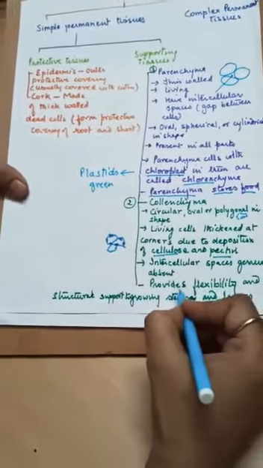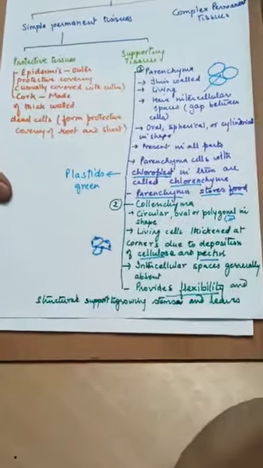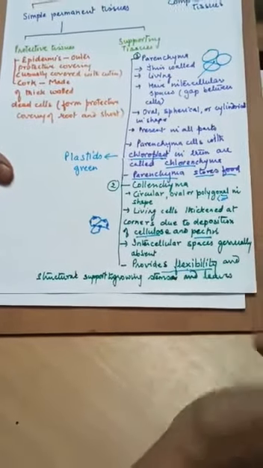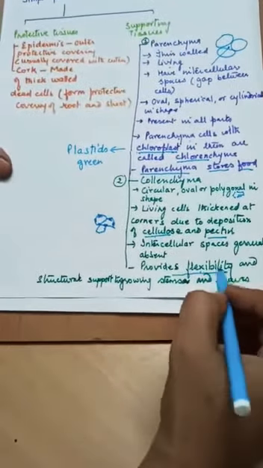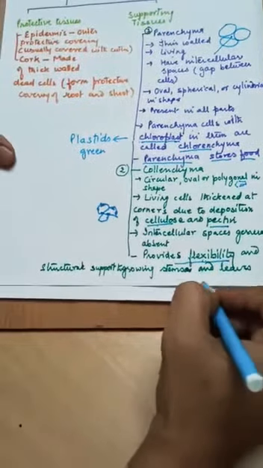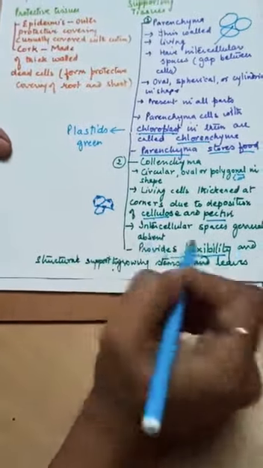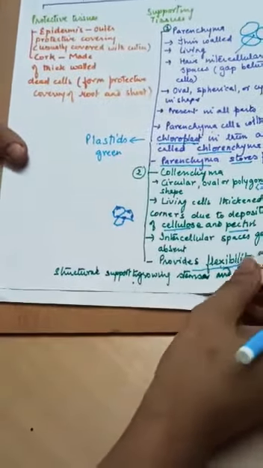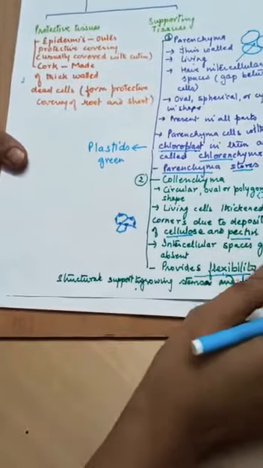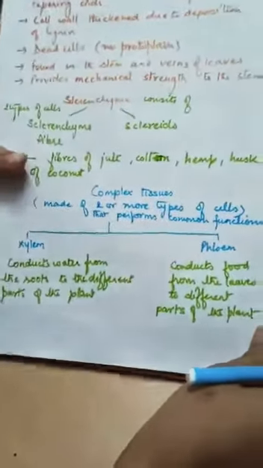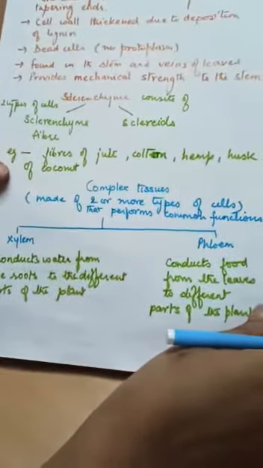This is due to the presence of collenchyma that is providing flexibility. Along with providing flexibility, they are providing structural support, and it is present again below the epidermis of the stem and leaves. Now coming on to the third type of supportive tissue, that is sclerenchyma.